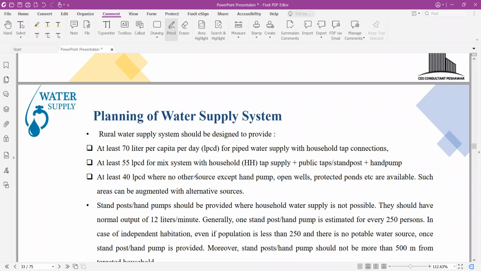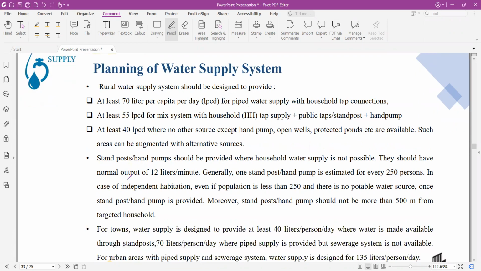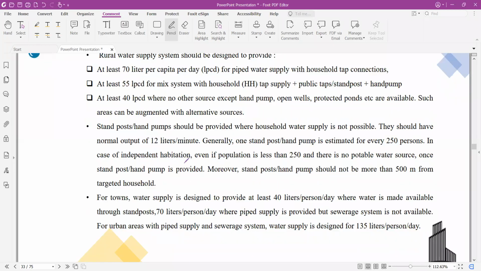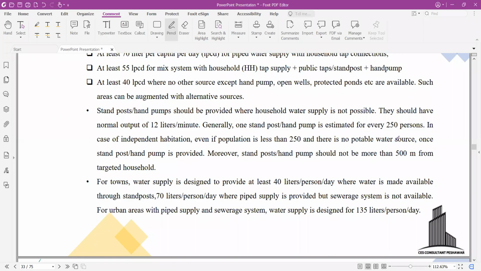When there is no other source except the hand pump, open well, or protected ponds, in such areas 40 liters per capita per day should be provided. And the standpost is mostly provided for about 250 persons, having a discharge of 12 liters per minute, and should be provided within a 500 meter buffer of a community.